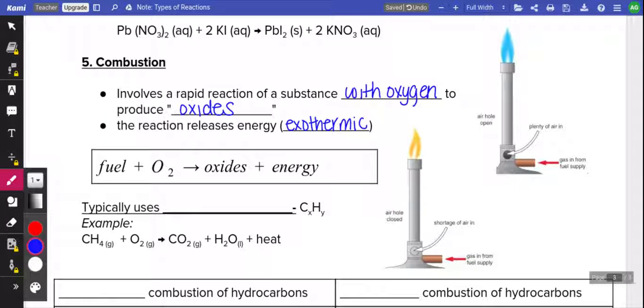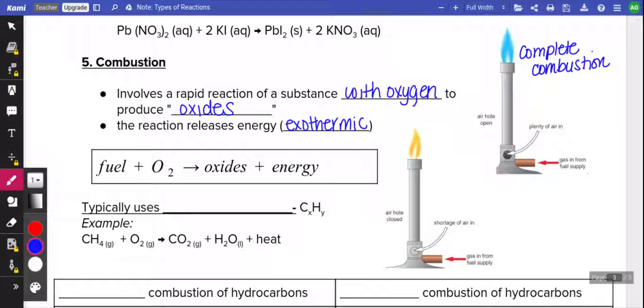Another thing I want to mention is that if you look at the picture here, you have some Bunsen burners, one with an orange flame and the other with a blue flame. Notice how the blue flame image has lots of air coming in through the bottom of the Bunsen burner. This is what happens when we have complete combustion. We have a lot of oxygen, everything is going great, and we end up with this blue flame.